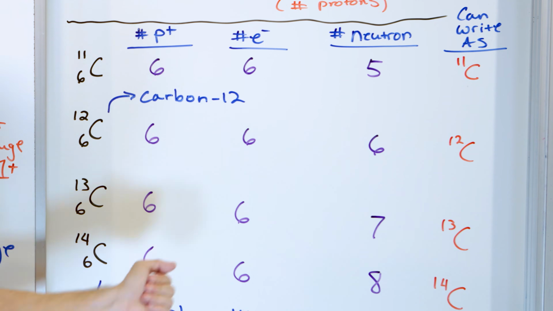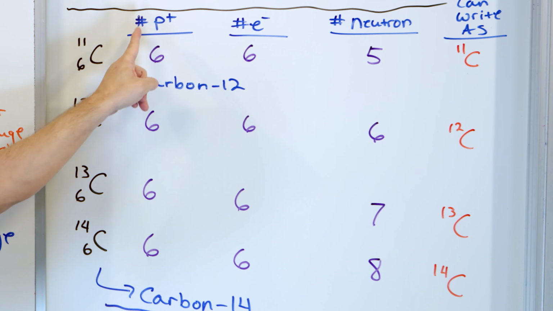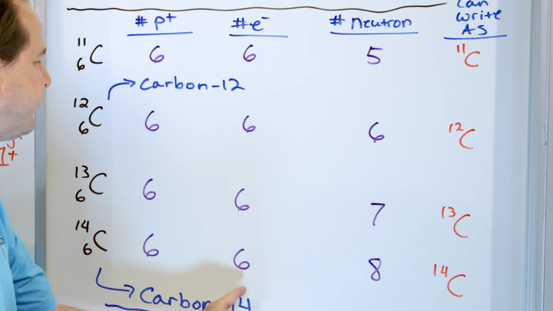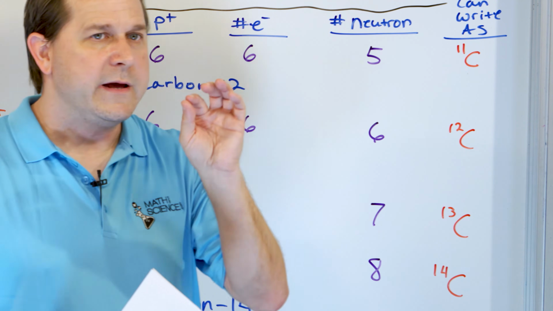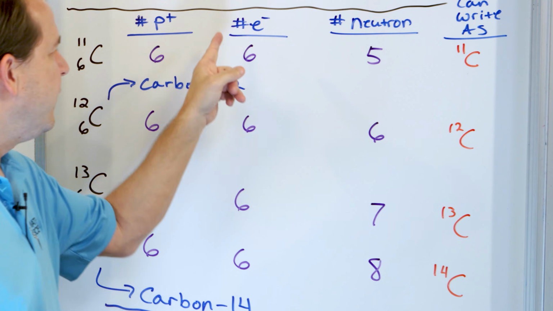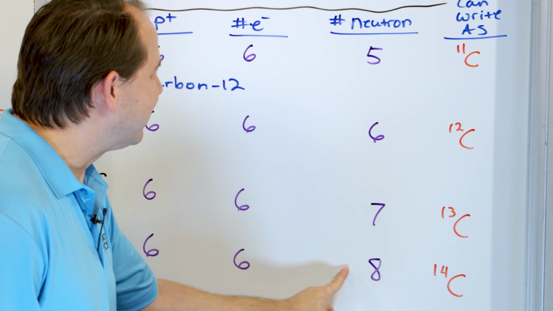And then we filled out this table showing you that all of these things are carbon. They all have 6 protons. That determines that they are carbon. They all have 6 electrons, so they're a neutral form of carbon. If you add or subtract an electron, you get a charged ion. We don't have that here. We have an equal number of protons and electrons. And the neutrons are what is allowed to vary.